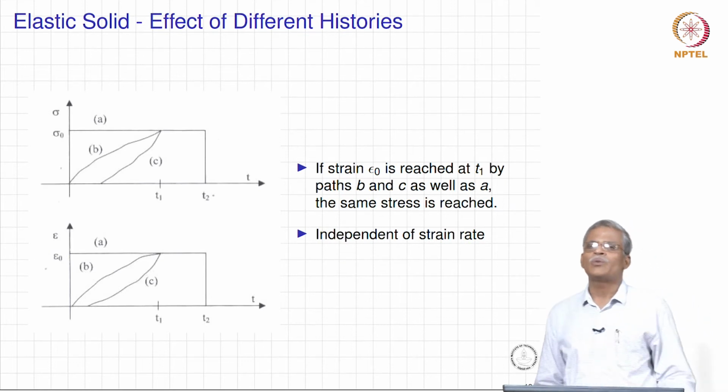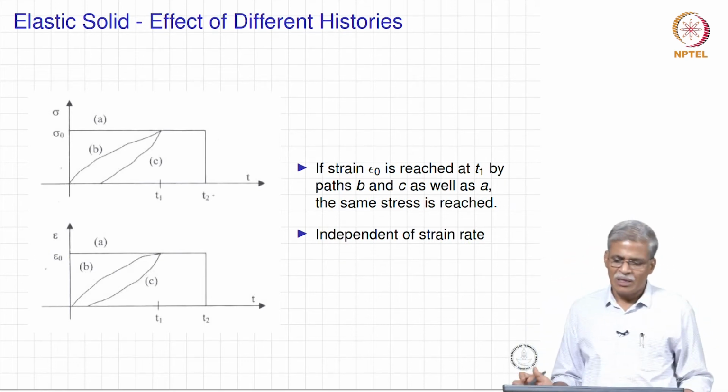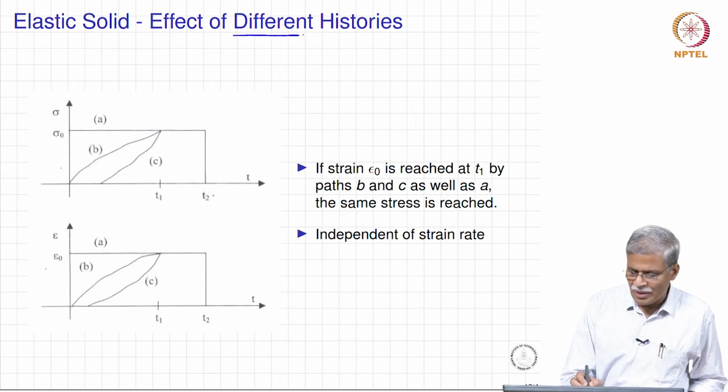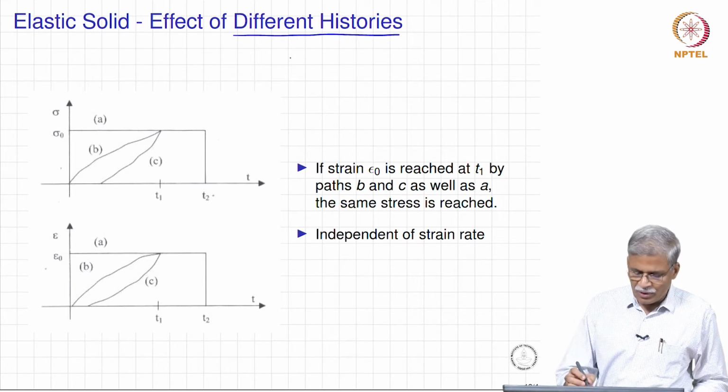Then what we want to do is we want to see whether the effect of different histories will play a critical role. What are all the different histories?